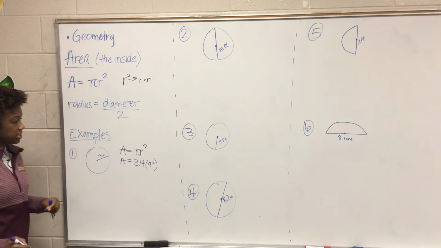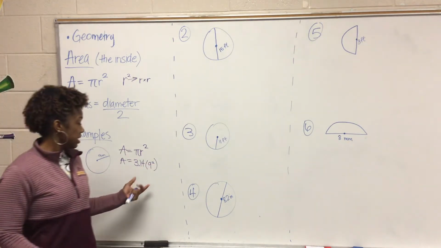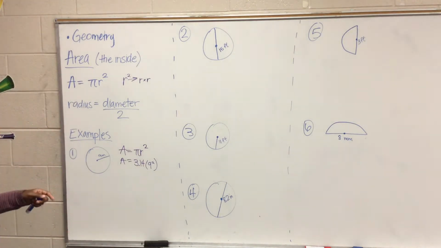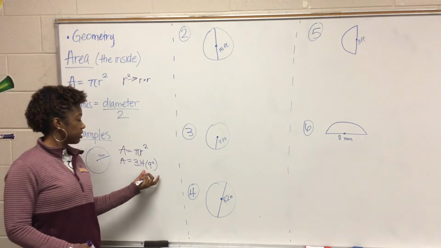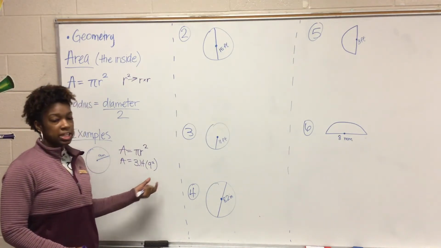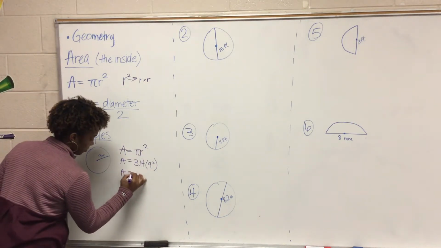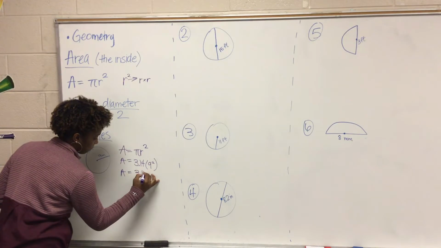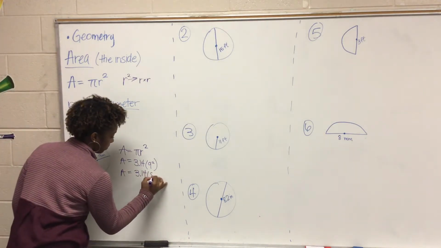Notice the square is on the 9 only, so order of operations says parentheses and exponents go first. Before you multiply, make sure you do the exponent. So A equals 3.14 times 9 squared, which is 81.